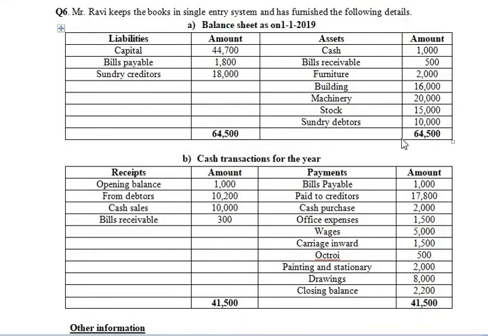We'll consider it to be the closing balance of furniture, building and machinery, and we'll directly take it to the balance sheet. Okay, but we actually need the closing amount. This is the opening amount, but there is no purchase of machinery being done, or there is no such transaction wherein sale of machinery, sale of furniture is being done. So this we'll consider it to be as a closing balance, for which we got to give the depreciation. That's it, because that has been given in the other information.